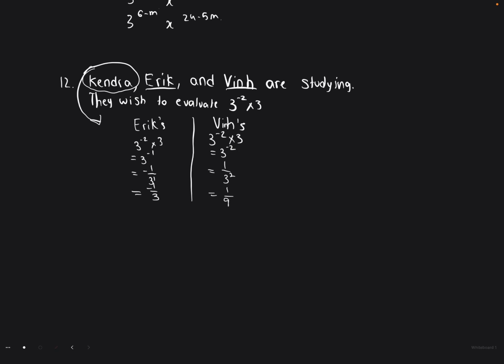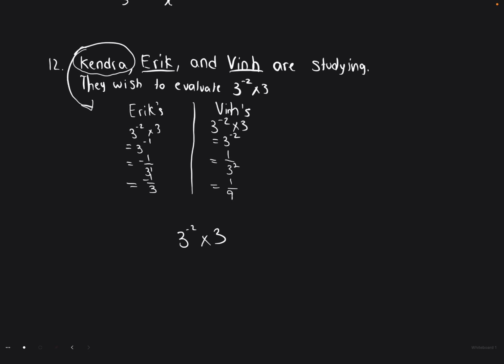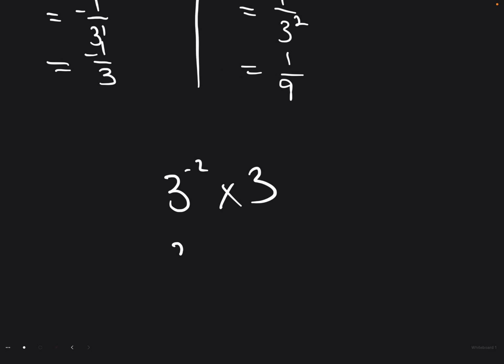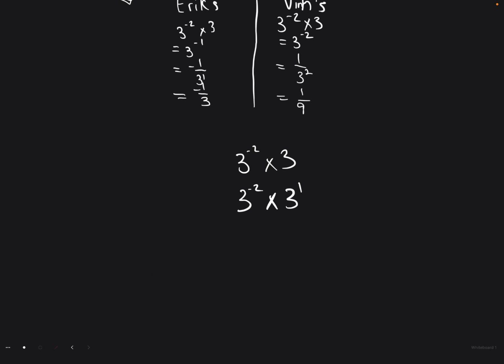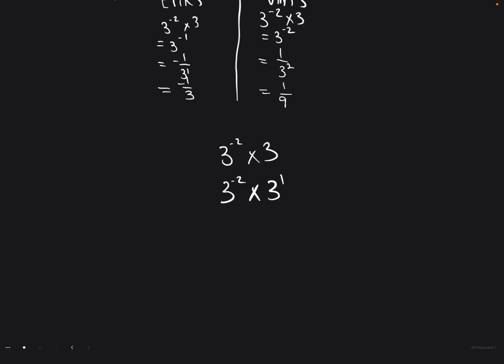Alright, so first we would like to solve this question by ourselves. So 3 raised to negative 2 times 3. So what this basically is, it's 3 raised to negative 2 times 3 to the 1. Now, from what we know from the law of multiplication, we add the exponents. So this just becomes 3 to the minus 2 plus 1, which is also minus 1.